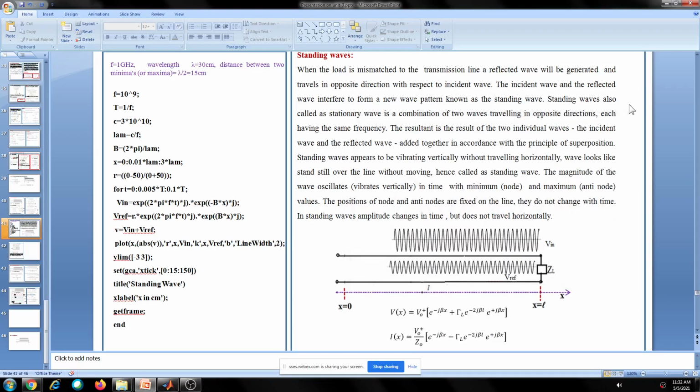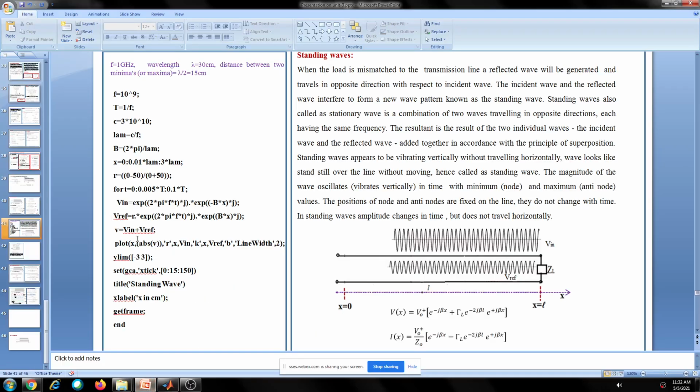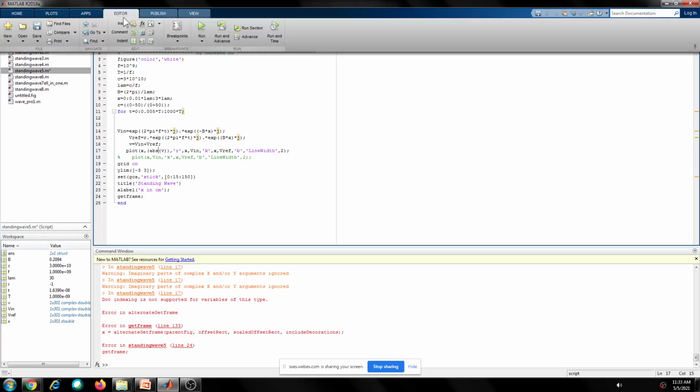That we will see here. See what I am doing. Instead of plotting voltage with phase, we are plotting only the magnitude. I am writing ABS, the magnitude of the resultant wave, and I will run it again.